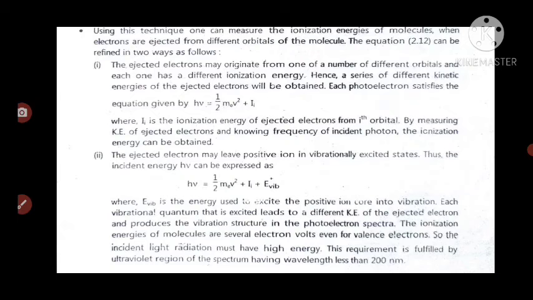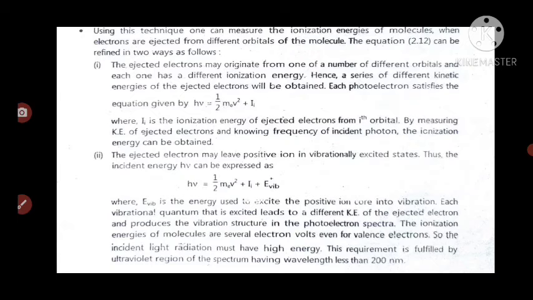Now the second point: the ejected electron may leave the positive ion in a vibrationally excited state. So in the above formula we add the vibrational energy. The original formula is h nu is equal to half m v square plus I, and we add one more term, the vibrational energy, which is used to excite the positive ion core into vibration.